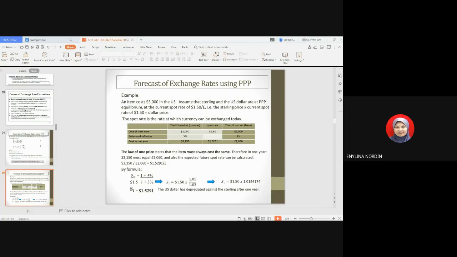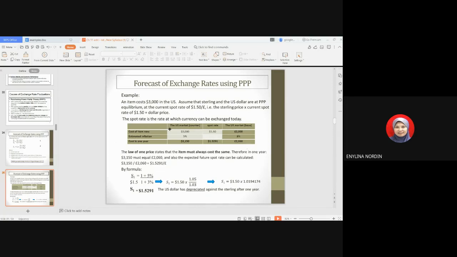Now, the expected exchange rate will be determined using this method.